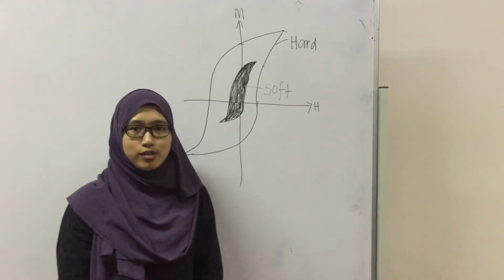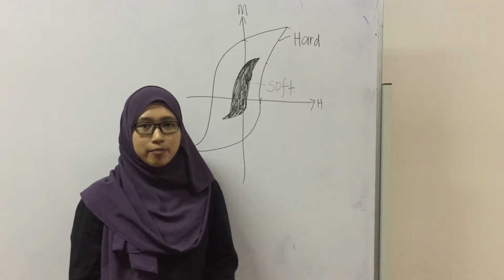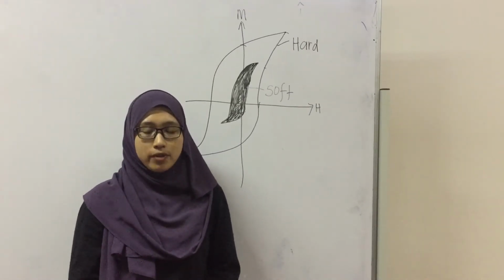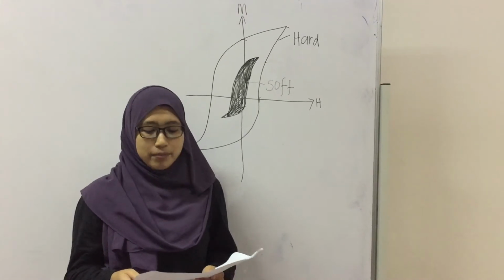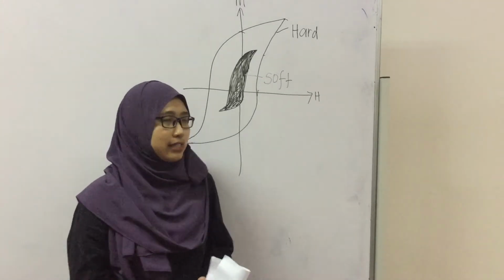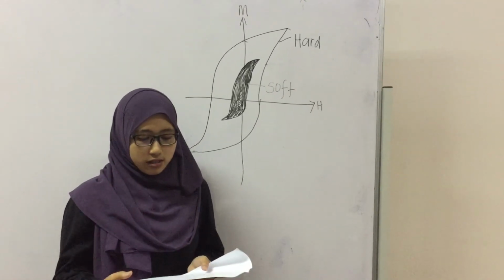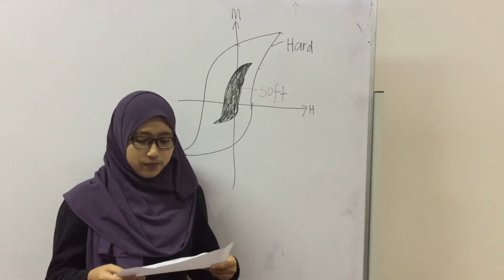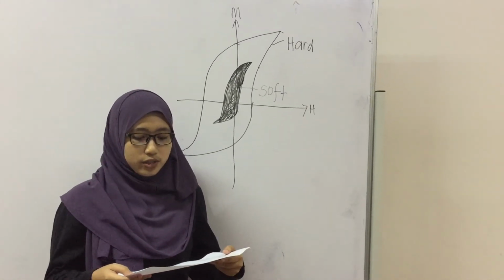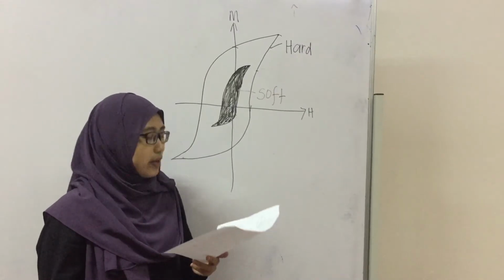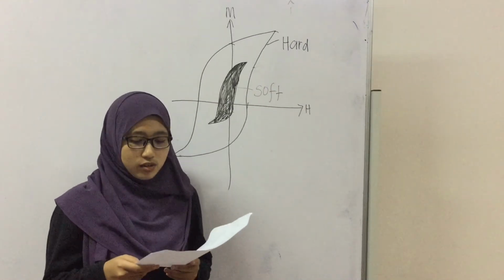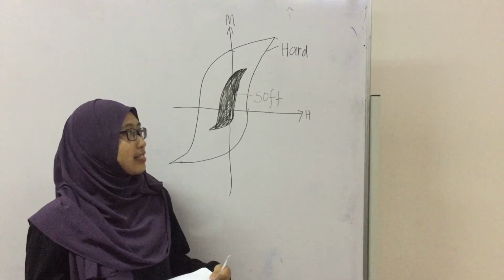So now I will explain about the importance of the hysteresis loop in magnetic properties. Basically, we use the hysteresis loop to find the hysteresis loop area and the energy loss per unit volume per cycle of magnetization.